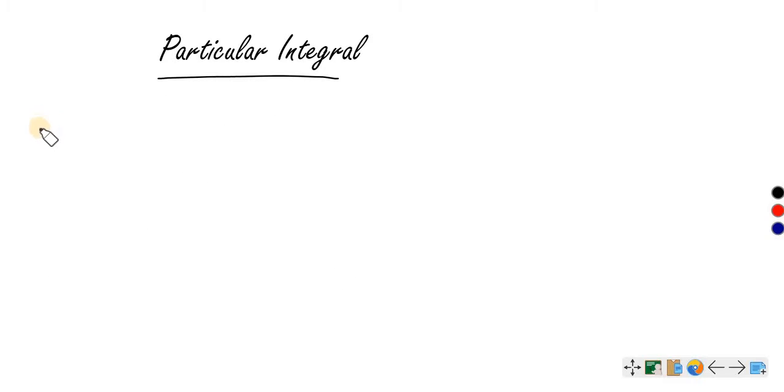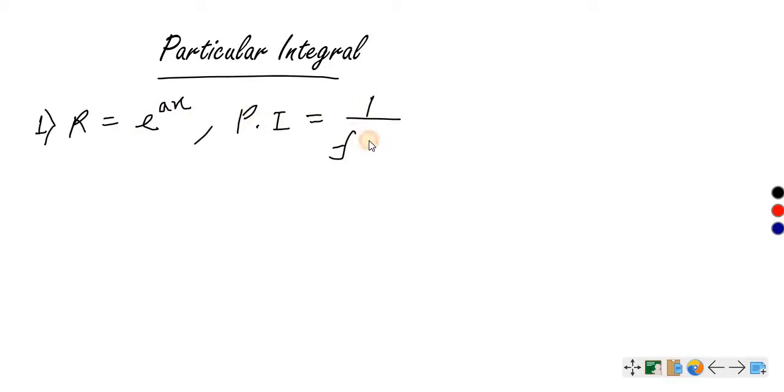For particular integral, rule number 1 is that if r is equal to some exponential function of ax, suppose e to the power ax, then the particular integral is given as 1 by f of D e to the power ax, which is equal to 1 by f of a e to the power ax. So this is how we define the particular integral if our r is some exponential function of x.